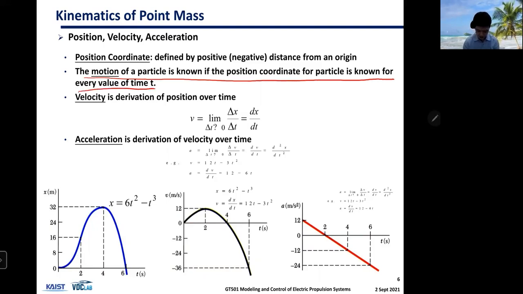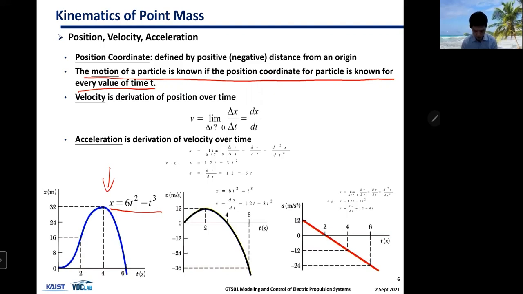So let's say the position is described by this function, and we want to find the velocity and acceleration of this particle motion.